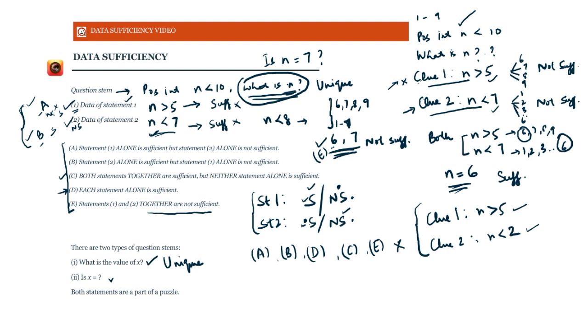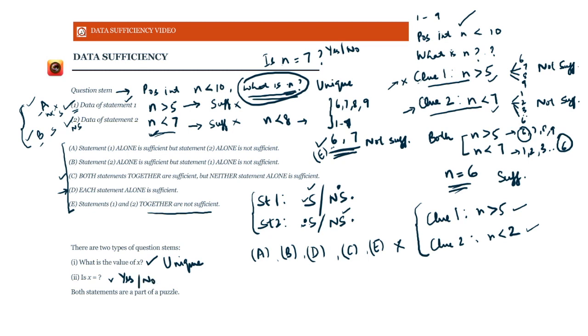Is N equal to 7? Now, my statement 1 gives me N is greater than 5. So N could be 6, 7, 8, or 9. So statement 1 would still not be sufficient. I have to answer this as a yes or a no.